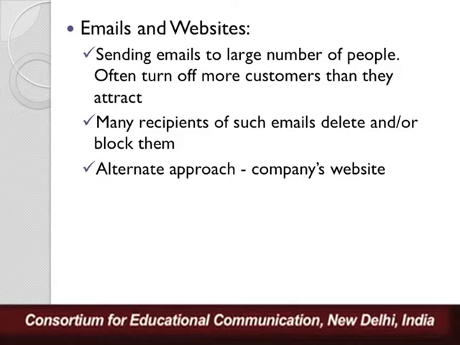The third method under random searching is emails and websites. Now, we know that some companies send unsolicited mails to large number of people. However, such kind of emails often turn off people as they tend to breach their privacy and are considered misleading and deceptive in nature.